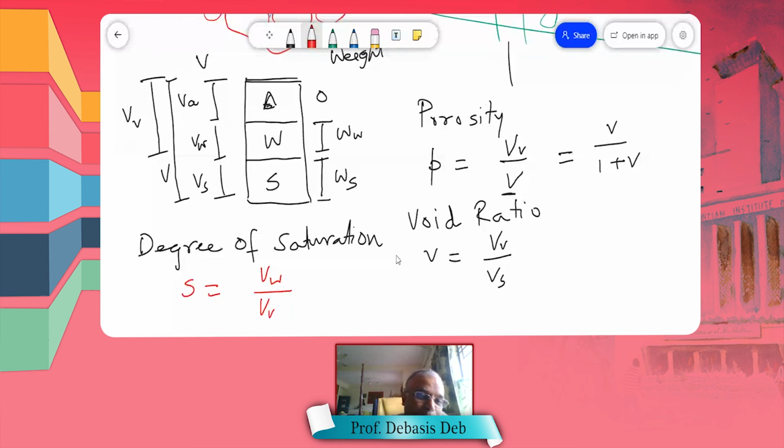So there is no space for water to go anymore. After that, whatever rainfall occurs, that water we call surface runoff, because it has no place to go underground. It will flow over the surface, and that water gradually accumulates and creates the flood.